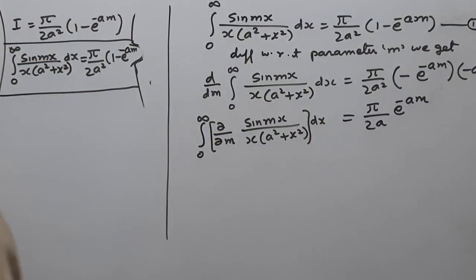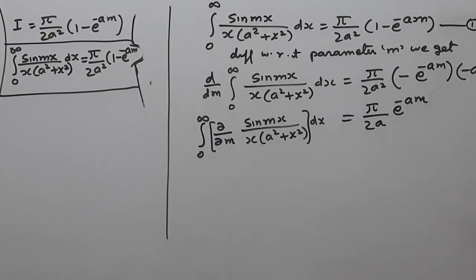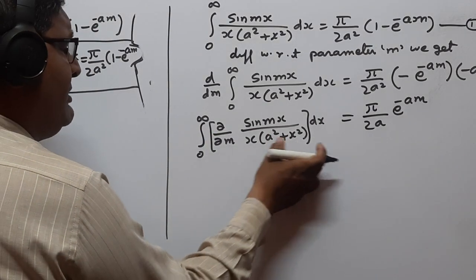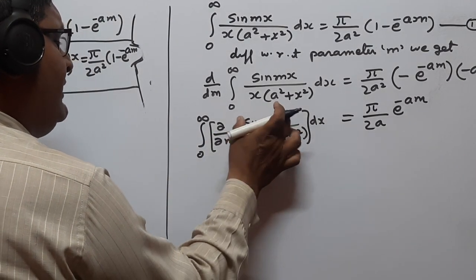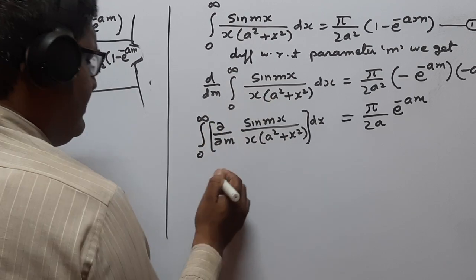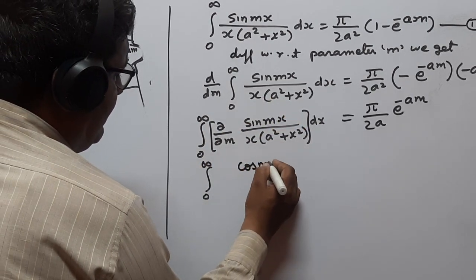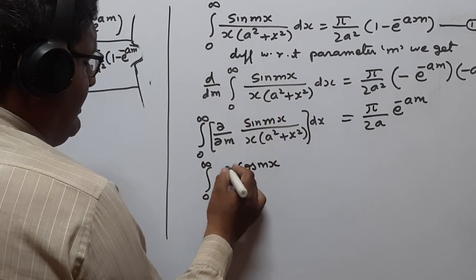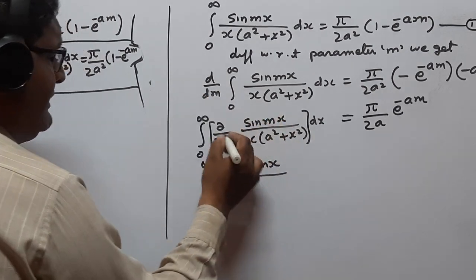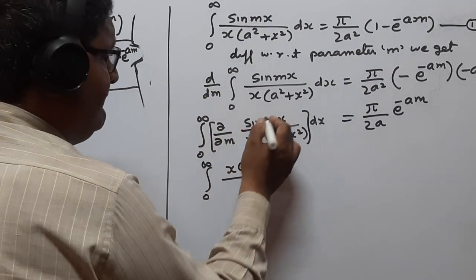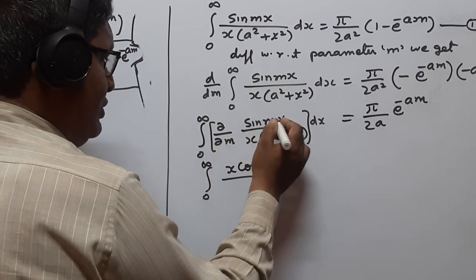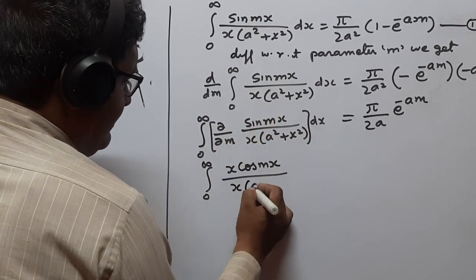Now we differentiate this sin mx upon x multiplied by a square plus x square with respect to the parameter m partially. So x times a square plus x square is constant here, we differentiate only sin mx. So differentiation of this is cos mx, and differentiation of mx is x, because we differentiate partially, so x is constant here.